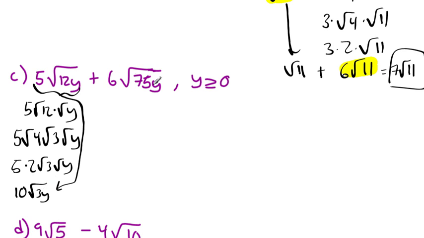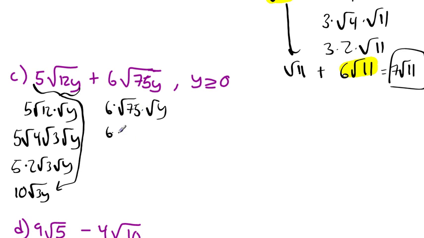First of all, let's rewrite this radical 75y as 6 times radical 75 times radical y. Cool beans. Now, let's see. Radical 75. What perfect square number goes into 75? What's the biggest one? 25, right?